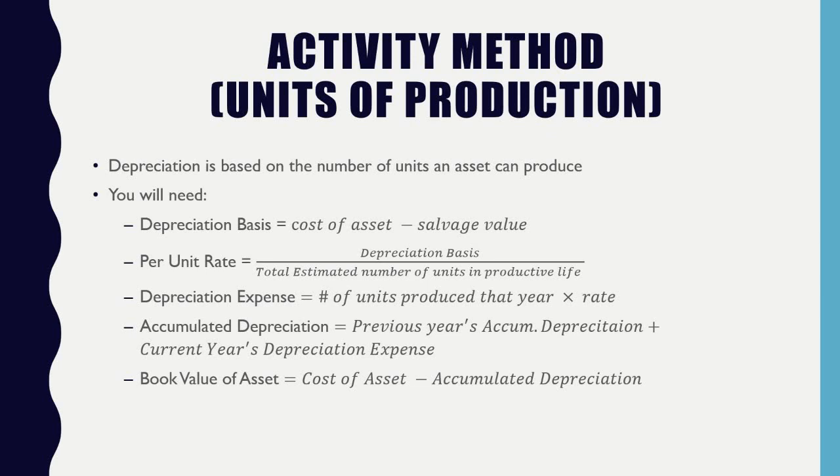Once again, we're going to be determining the depreciation basis. After that, we need to determine the per unit rate, which takes your depreciation basis and divides it by the total amount of units that the machine can produce, or whatever it is that it can produce.